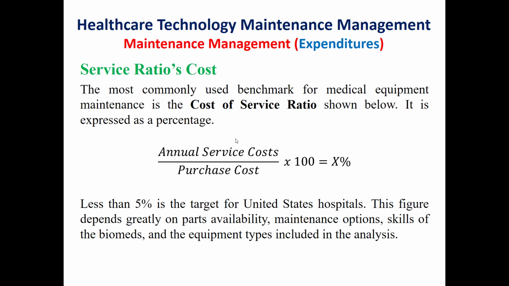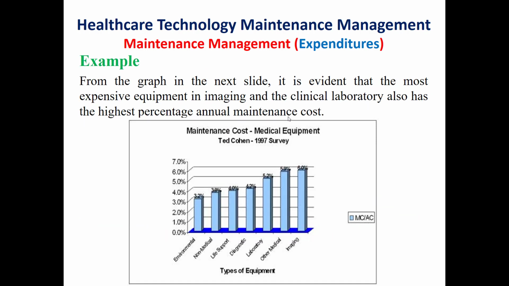This is considered a performance indicator for any clinical engineering department or healthcare technology department. For example, in the USA, the target will be less than 5%. In other countries, maybe this number is a little bit more or less. So it is very important to consider the cost of service ratio.